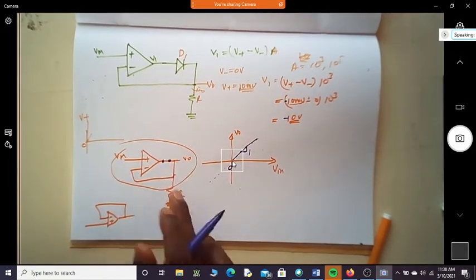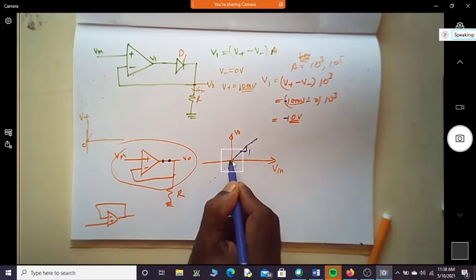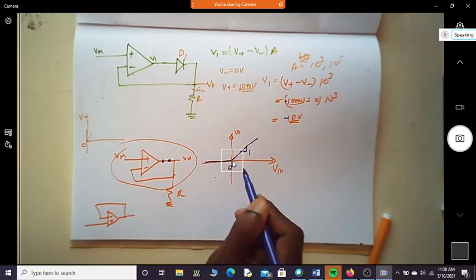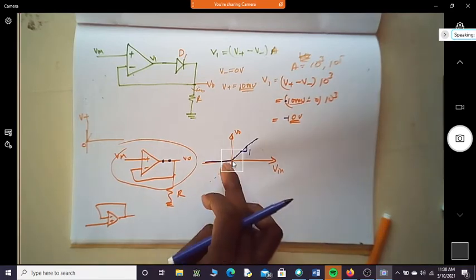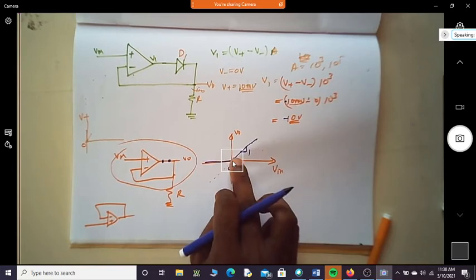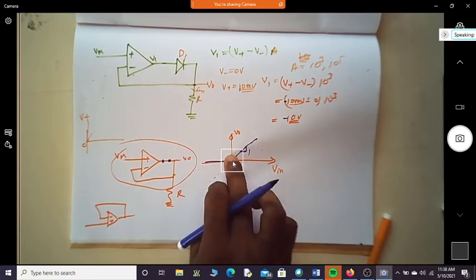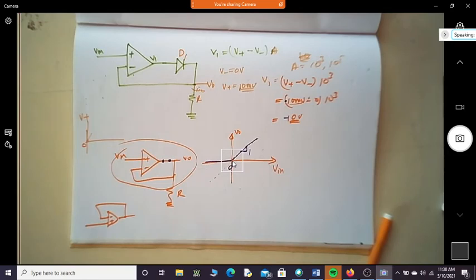When this is open circuit, then what is the output voltage here that you are measuring? Zero. So output voltage is zero. So for any negative input voltages, output voltage is zero. For any positive voltages, output follows the input with the same slope. Correct?